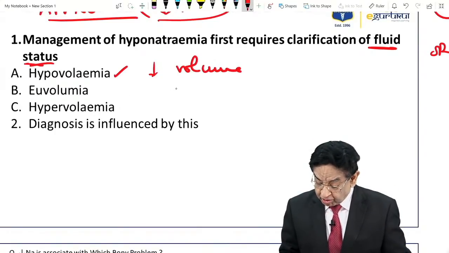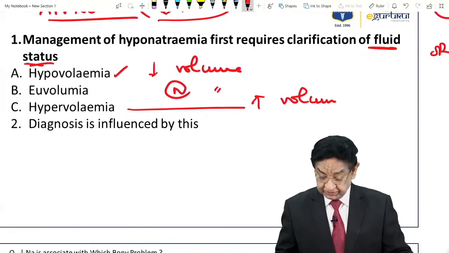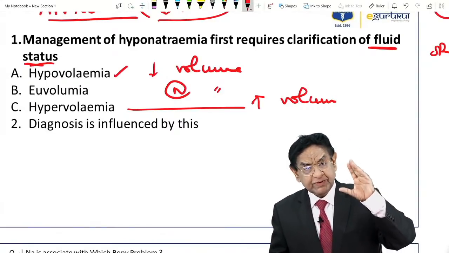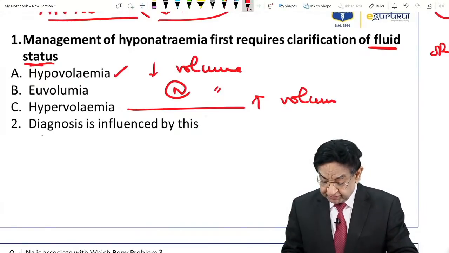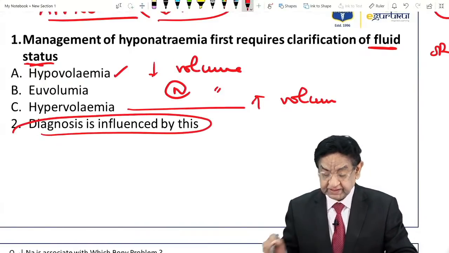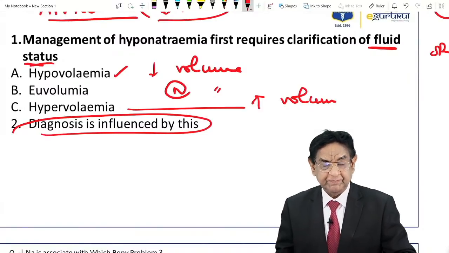Euvolemia is normal volume, and hypervolemia means excess volume of water in the body. Okay, so it is very essential to know all these things, because these three are going to influence the diagnosis. Diagnosis changes depending on how much is there.